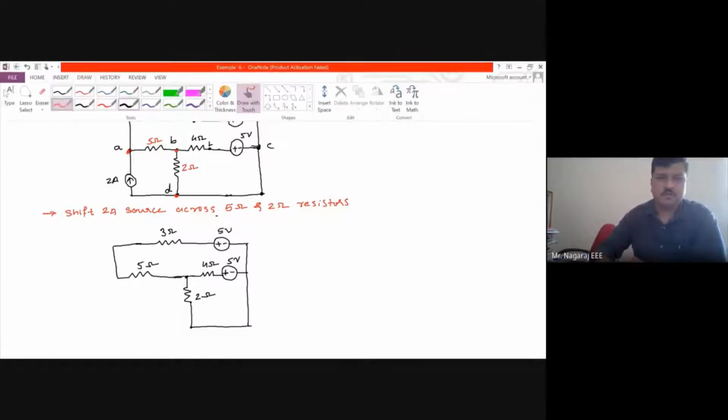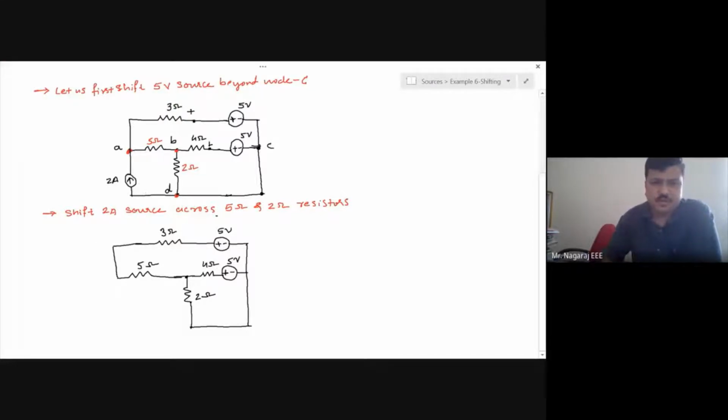So now I will be shifting this 2 ampere source across the 5 ohm and 2 ohm such that the current 2 amperes will enter node A and current 2 amperes will leave node D. So this is node A, B, C and D. The current is entering node A, 2 amperes, and the current is leaving node D, it is 2 amperes.